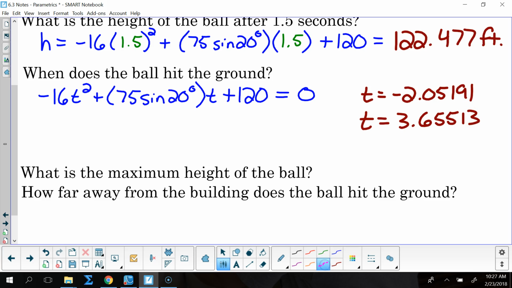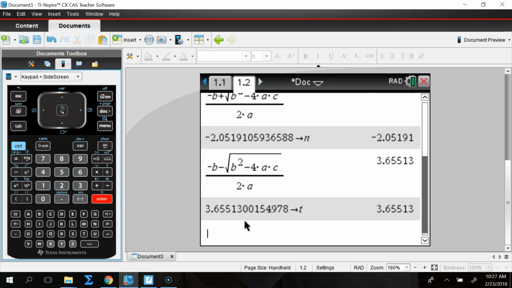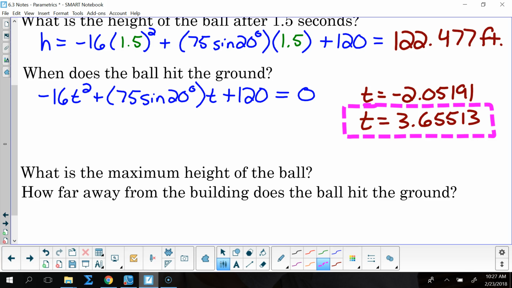And that's the one that's going to tell me when it hits the ground. So that one I'm going to store, we'll put that one in as T. All right. So, there we go with that.